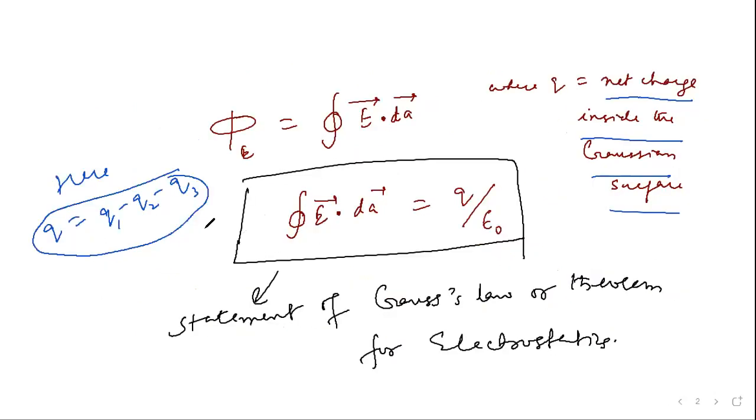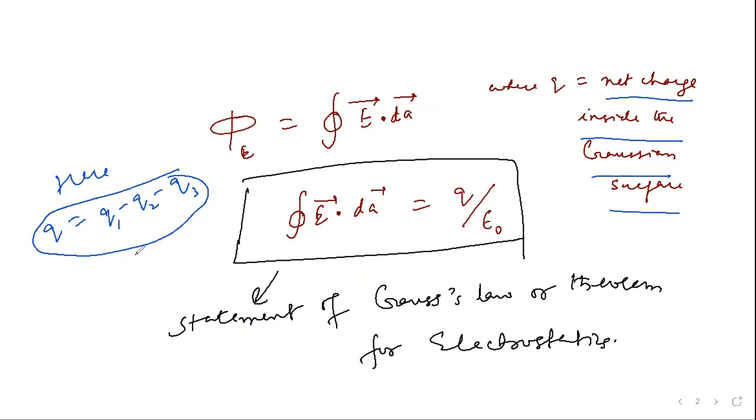So this is the statement. When we use Gauss's law to find the electric field due to some charge, selection of Gaussian surface is central to the calculation of the electric field.